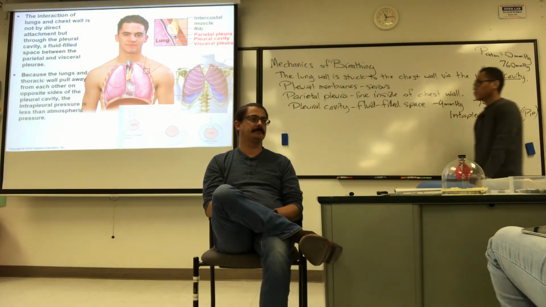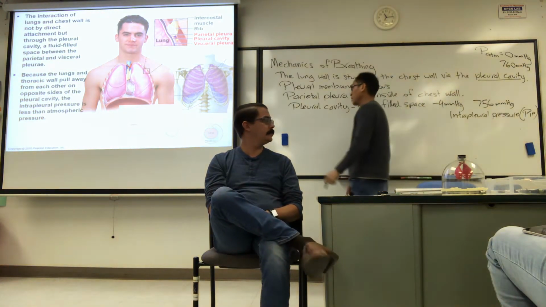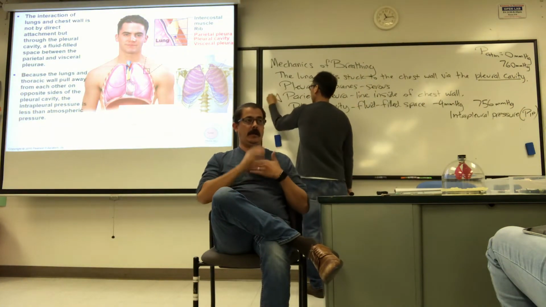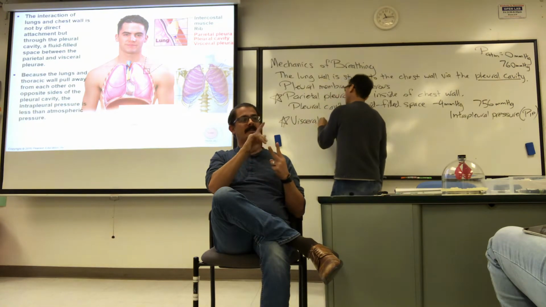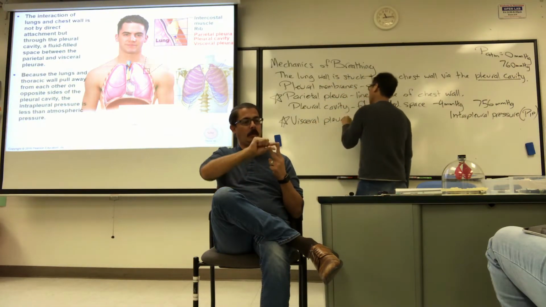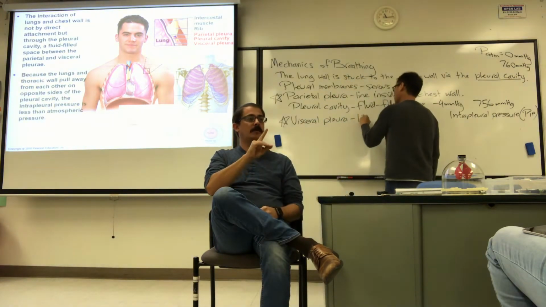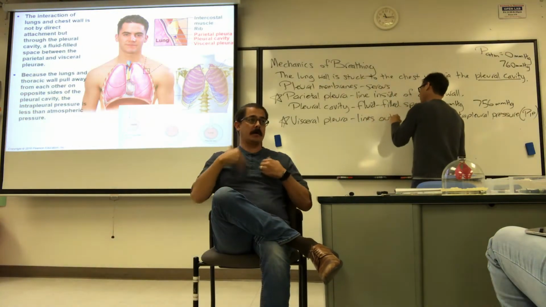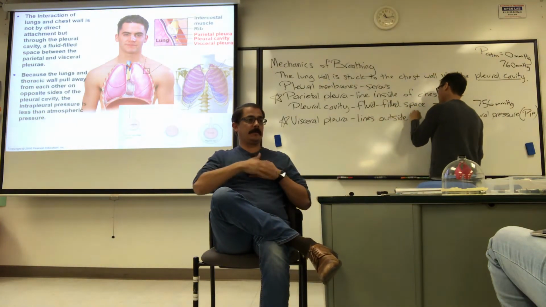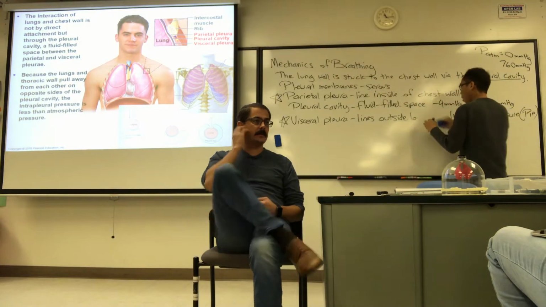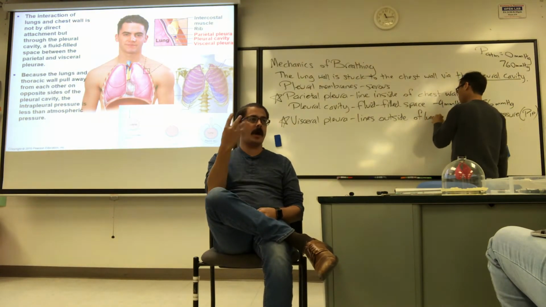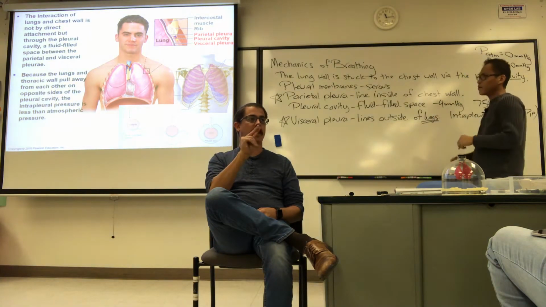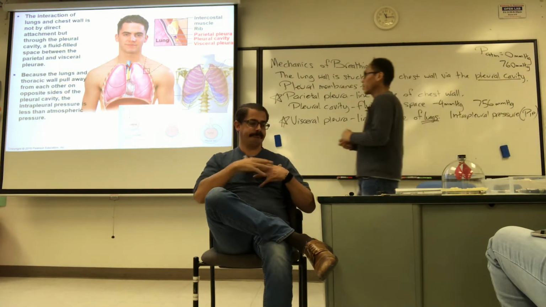Intrapleural pressure. Okay, that's the pleural cavity. And it's in between the parietal pleura and then the visceral pleura, which lines the outside of the lungs. Outside of lung wall. Outside of lungs.